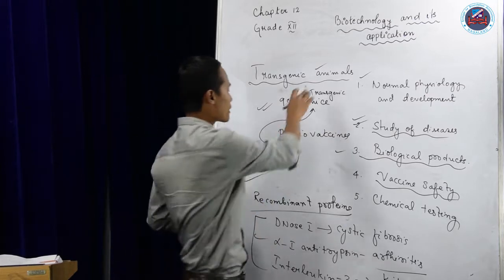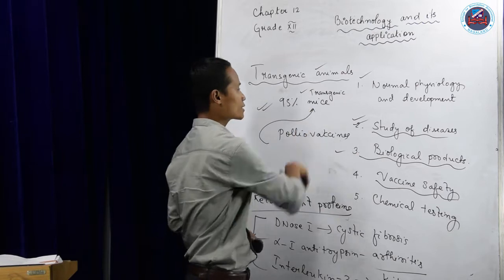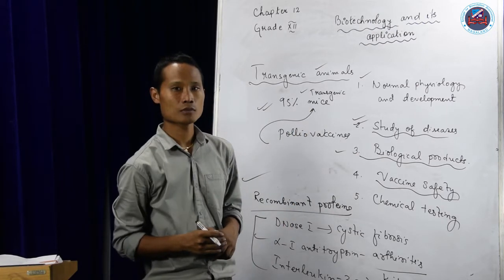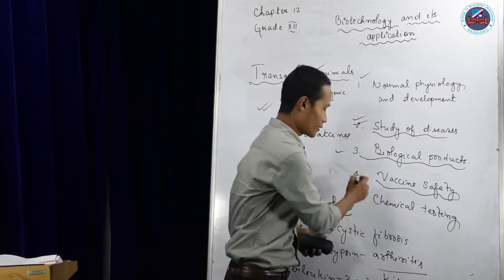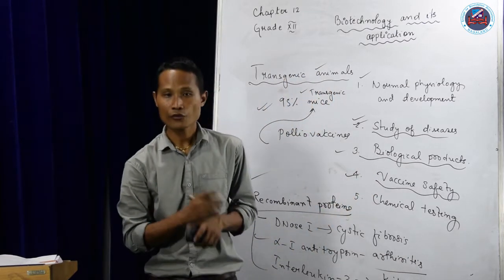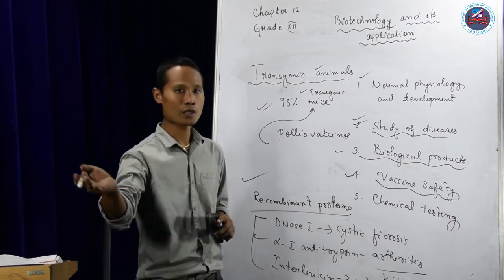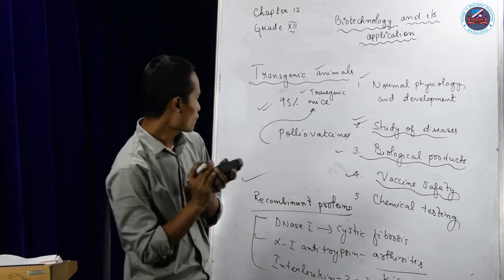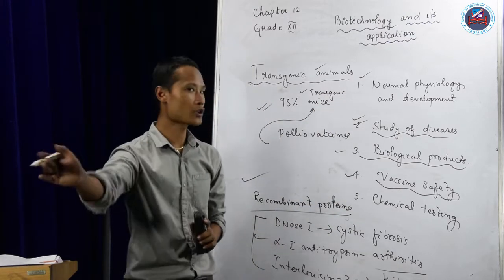In the transgenic mice, the polio vaccine was injected. These transgenic animals can be used as a safety check before giving it to human beings, before going to the human trial. If the vaccine works in that transgenic animal, we can go for the human trial.